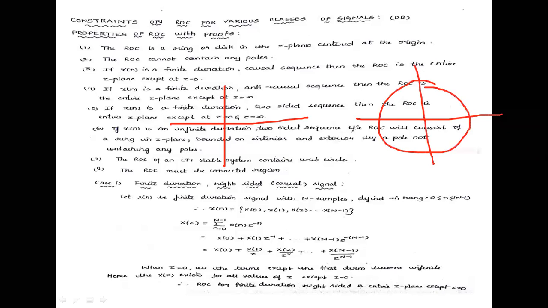Okay. If x of n is an infinite duration two-sided sequence, the ROC will consist of a ring in the Z plane bounded on interior and exterior by a pole, not containing any poles. I already discussed the mapping of the S plane and the Z plane. A stable system is on the left hand side of the S plane, and its mapping in the Z plane is the interior of the unit circle.